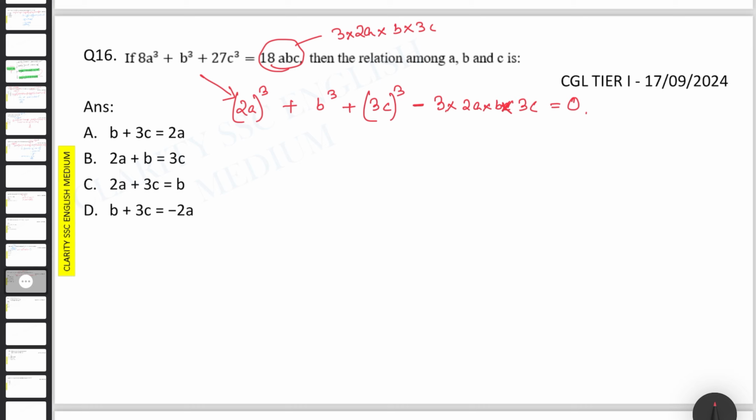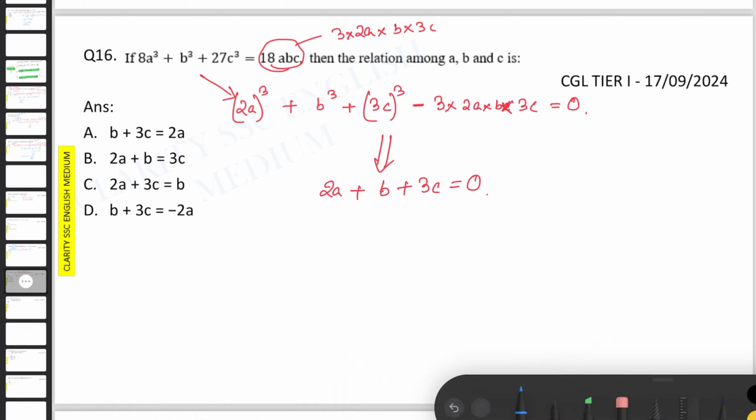So that means we are trying to write in the same pattern as a cube plus b cube plus c cube minus thrice abc. If this is 0, then we have already written that a plus b plus c is equal to 0.